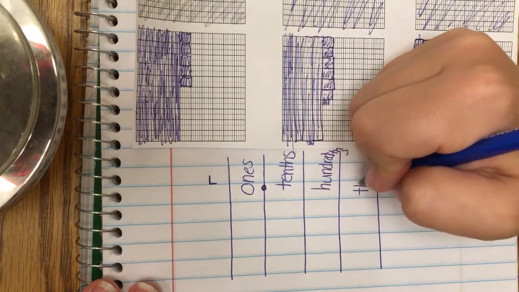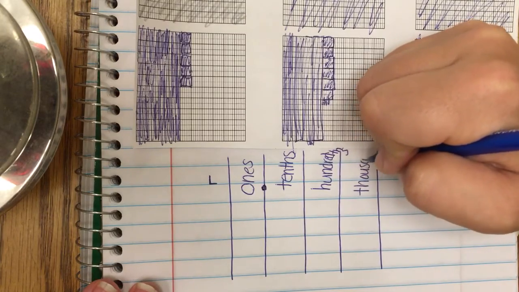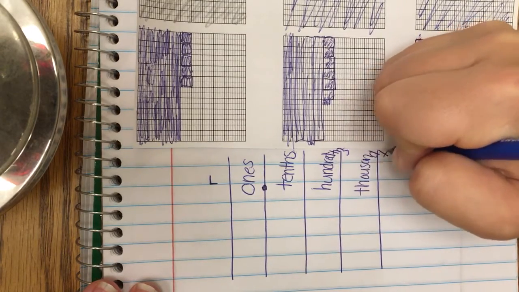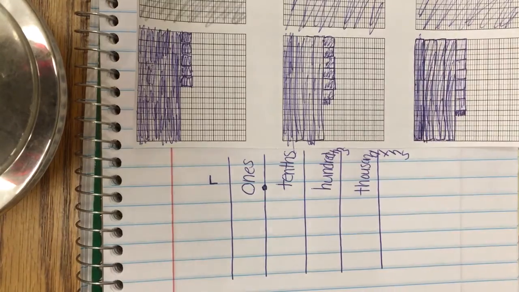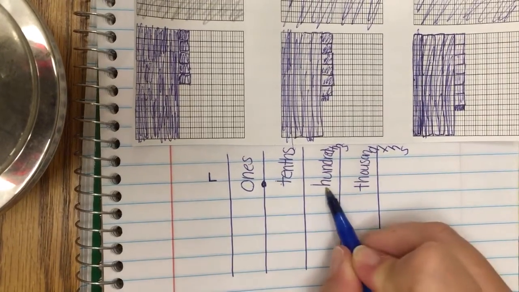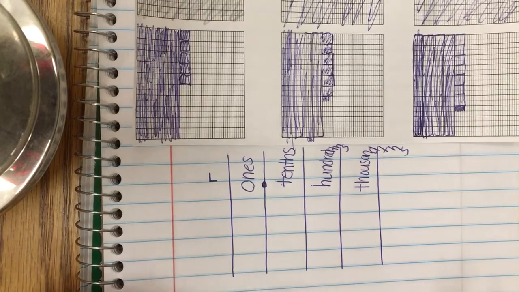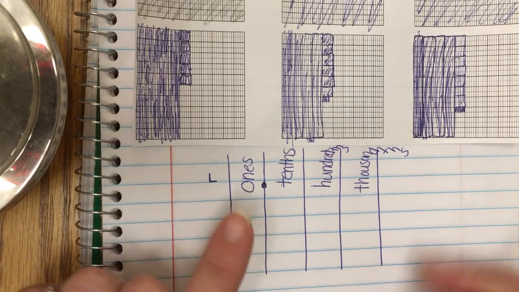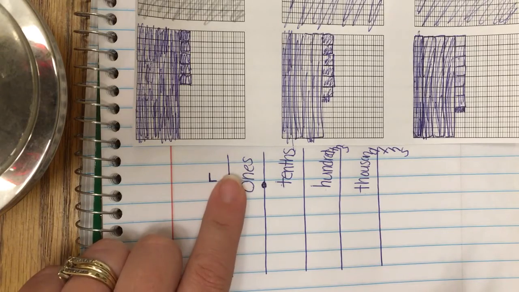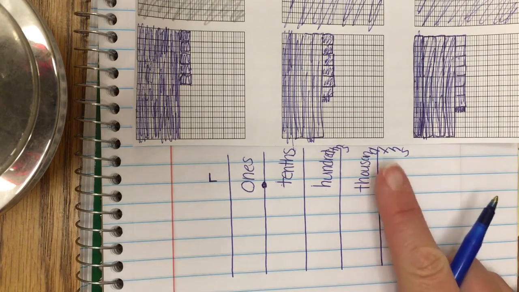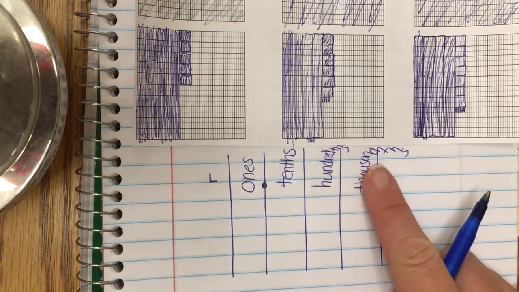What comes next is thousandths. I ran out of space there, didn't I? I wish I had written those down a little lower. Ones, tenths, hundredths, thousandths. Just like yesterday, the other day we did, which one is the largest? Ones is the largest place value. Which one's the smallest? Thousandths is the smallest.